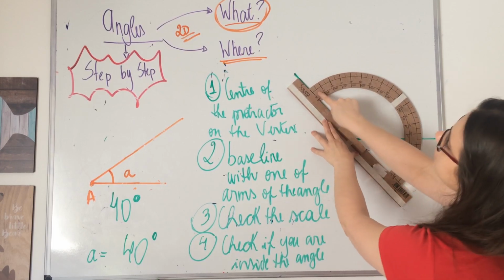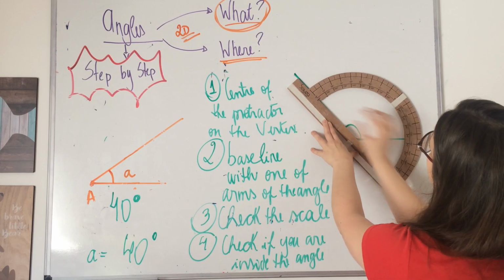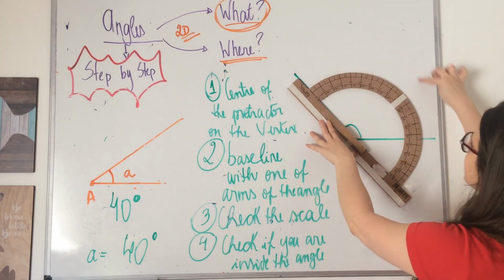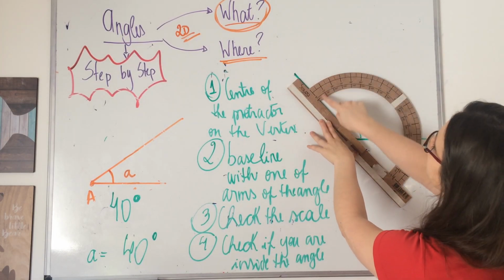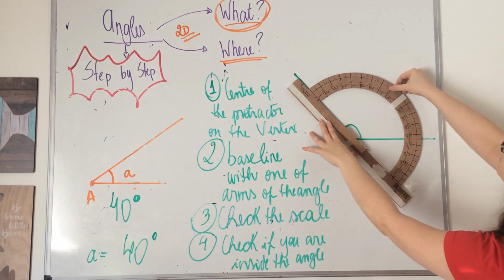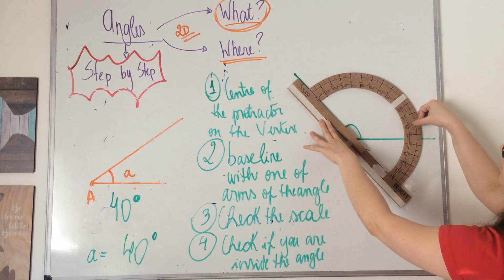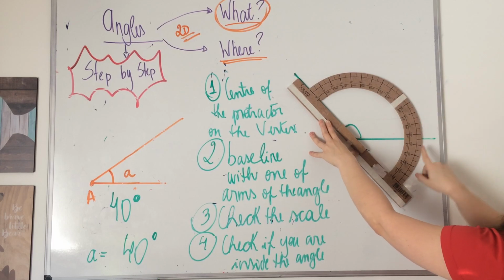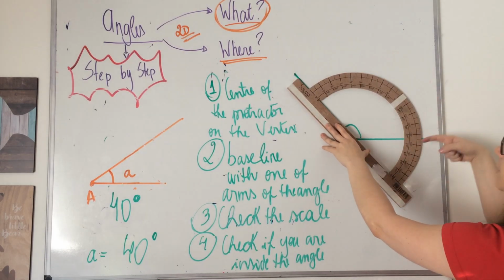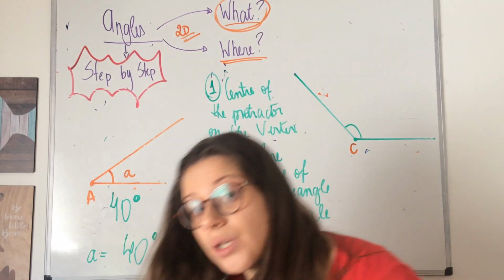Is it my outer scale that starts on the 0. So let me fix. I am measuring inside the angle, not outside. And then I have 10, 20, 30, 40, 50, 60, 70, 80, 90, 100, 110, 120, 130, 135. So it is more than 90. It is 135. So it is an obtuse angle.